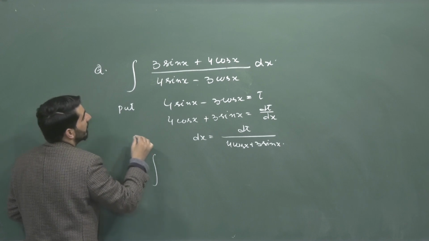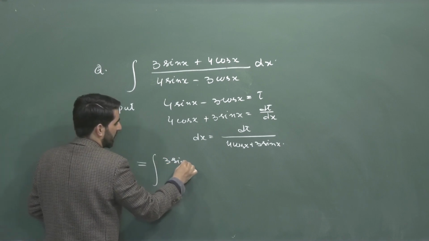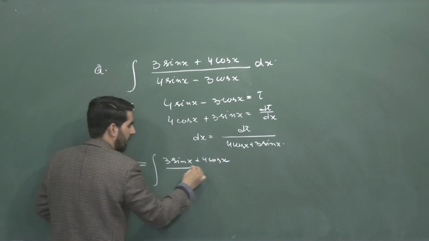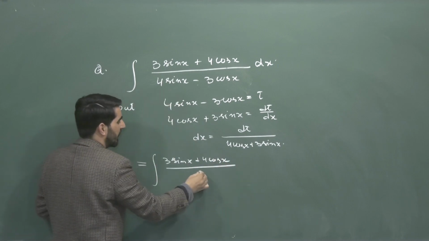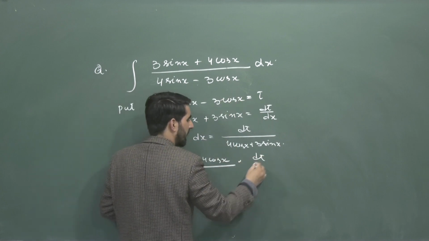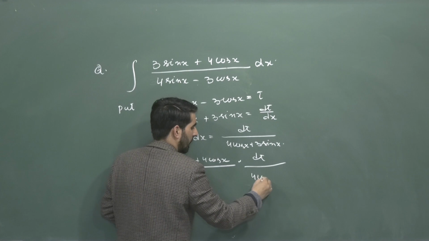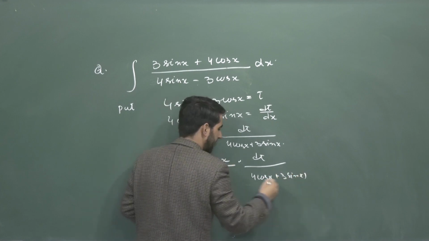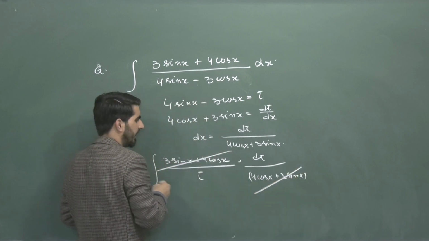The integration of (3 sin x + 4 cos x) divided by t, and the value of dx is dt divided by (4 cos x + 3 sin x). This will be cancelled here.